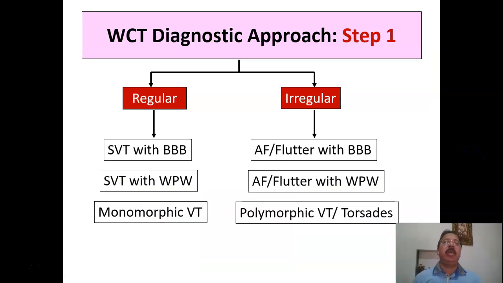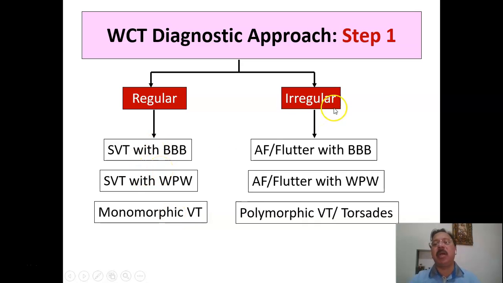So just reviewing these few steps, let's go through a diagnostic approach to wide complex tachycardia. The first step is, if you see a wide complex tachycardia, make sure whether it is regular or irregular. If it's regular, the causes are SVT with bundle branch block or with WPW syndrome, or monomorphic ventricular tachycardia.